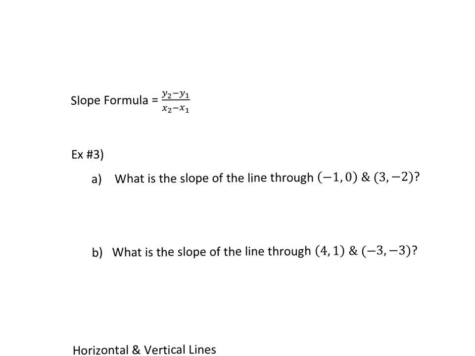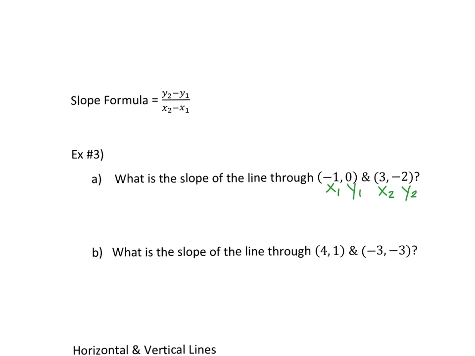Here's what I highly, highly recommend you do. Label each point as x's and y's. So we're going to call the first one x1, y1, okay? And our second one, we're going to call x2, y2.